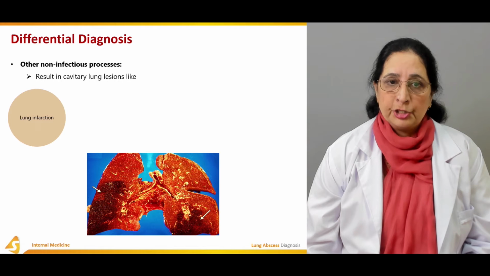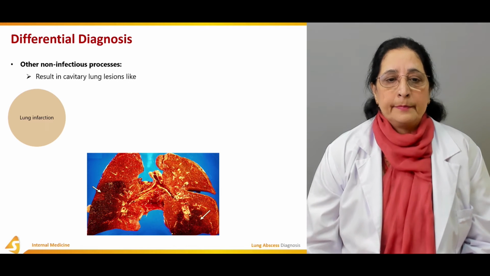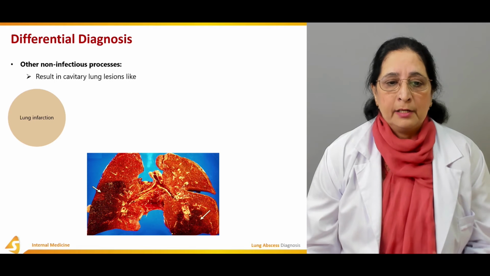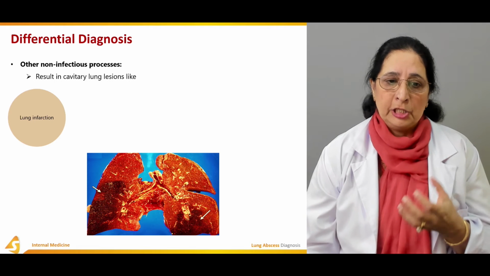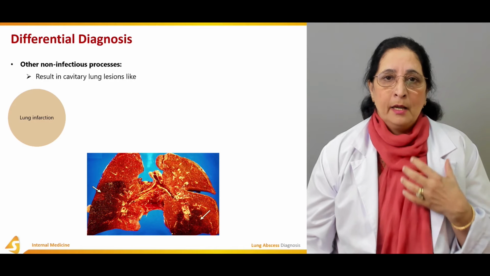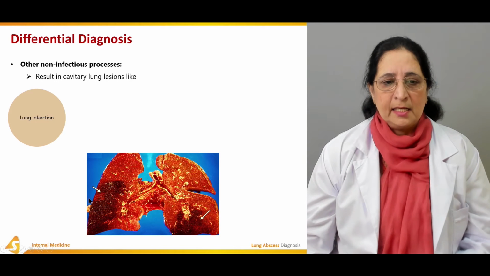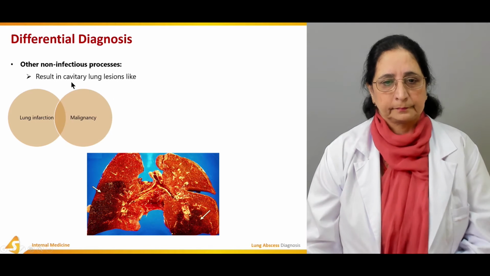Lung infarction is one factor leading to the cavitation. Infarction is the death of the tissue, and if that is present in the lung and it becomes black or infarcted, that's the lung infarction.